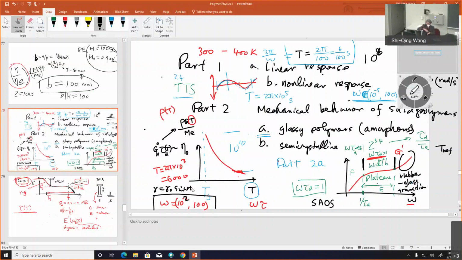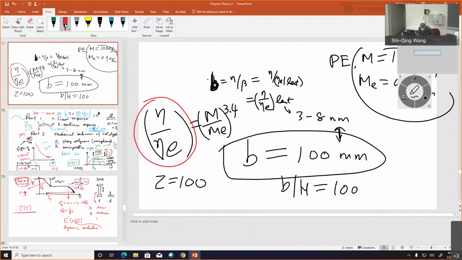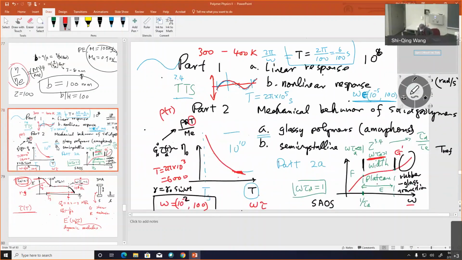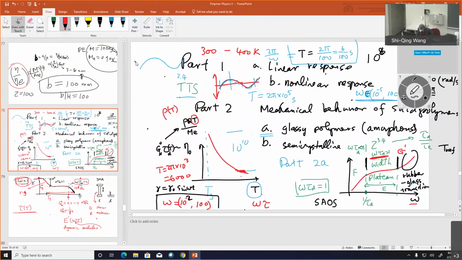It's all in the software. Basically the machine is trying to compare your imposed signal like this, and then your stress is offset.